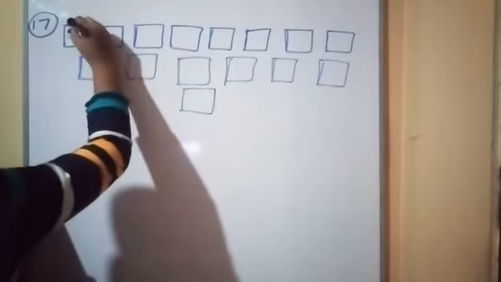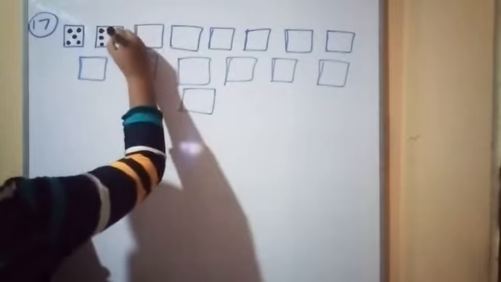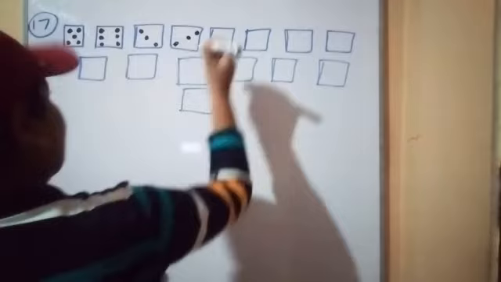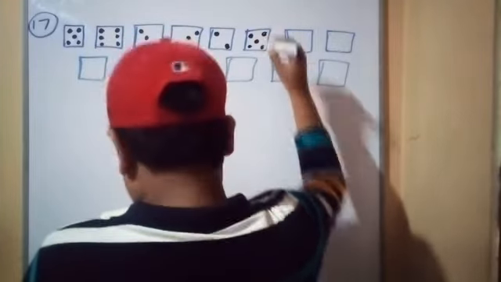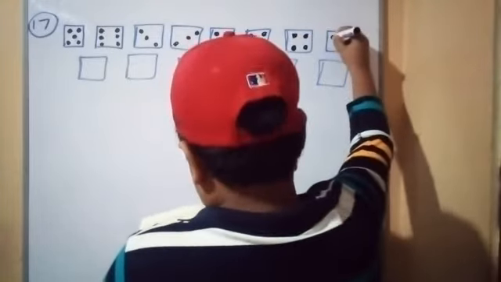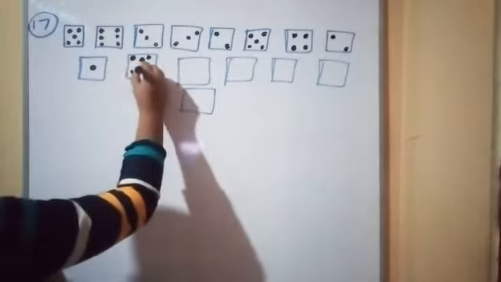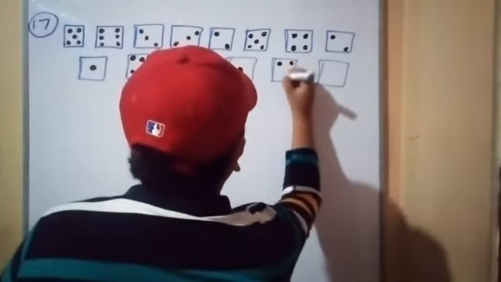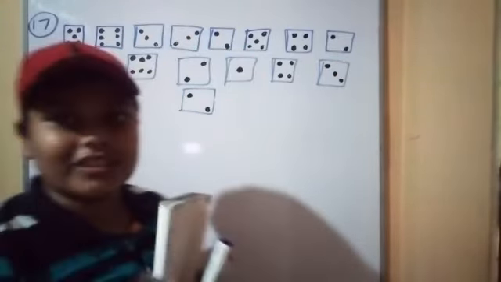This one is 5 dots, this one 6, then 3 on this side and another 3, these 2, this again 5, then 4 dots, 2, 1 dot, 6 again, 2, 1, 4, 3, and 2. Like this, these are the dots.